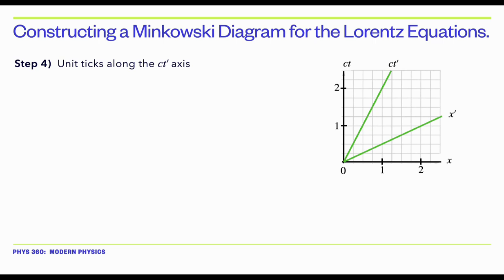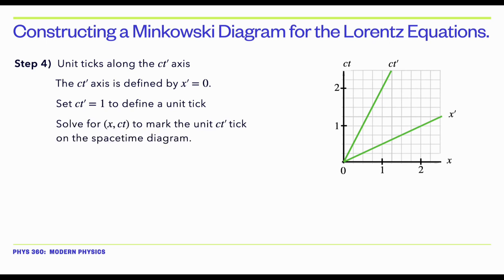All right, step 4: we now figure out what the unit tick marks are along each of these axes. First, let's start with the ct prime axis. Again, remember, x prime is 0 to define that axis. We want to figure out where the tick where ct prime equals 1 is.